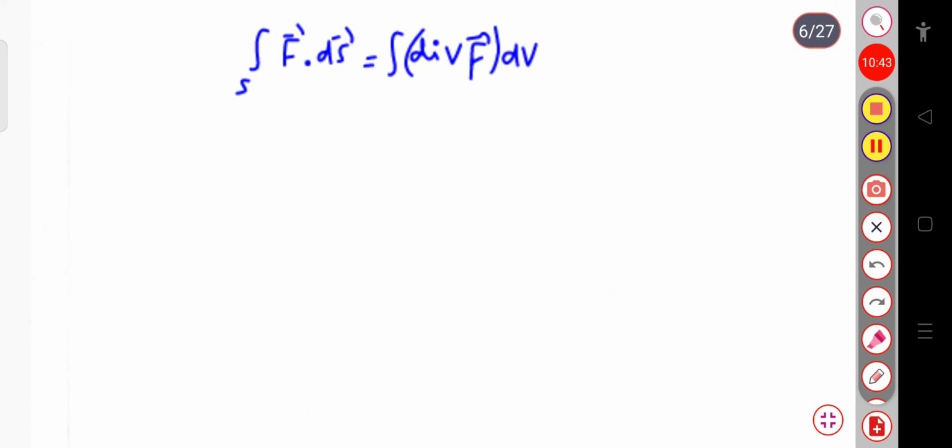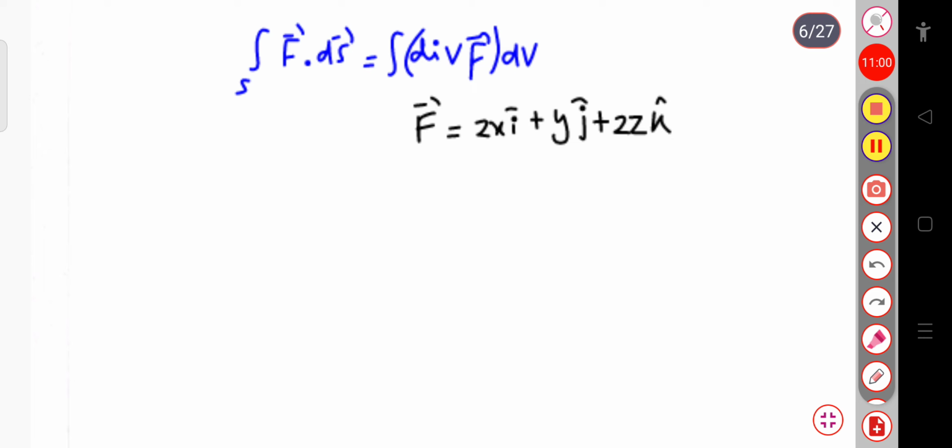Let me write first the function F equal to 2x i cap plus y j cap plus 2z k cap.